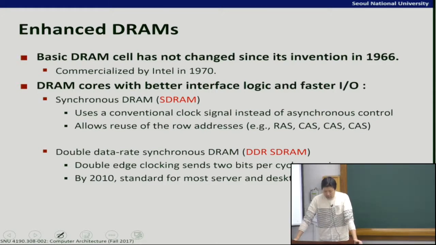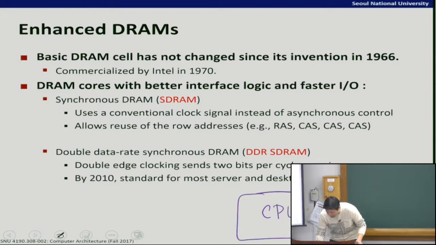And also DDR, double data rate, synchronous DRAM is pretty common. In this case, we receive the data not only on the positive edge of the clock, but also on the negative edge of the clock as well. So if you have a CPU chip here, a memory controller, and now DRAM here, we send an address, and data comes back between the two.